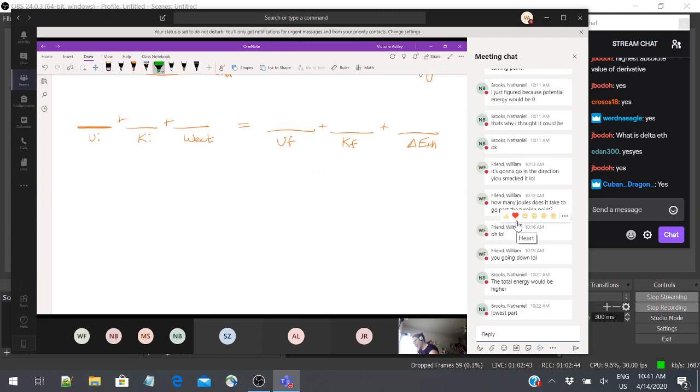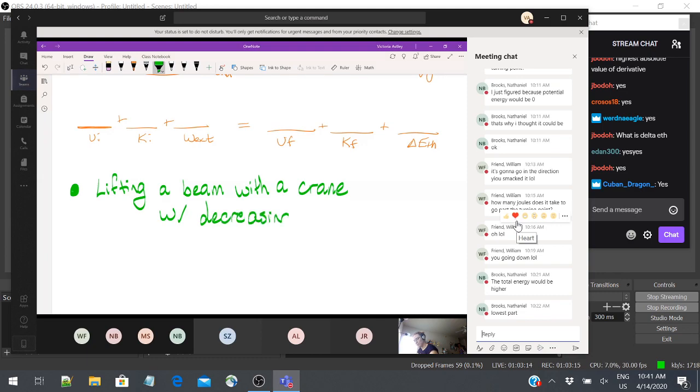So let's say I'm going to do green, lifting a beam with a crane with decreasing speed. What would the energy bar chart look like for this case?